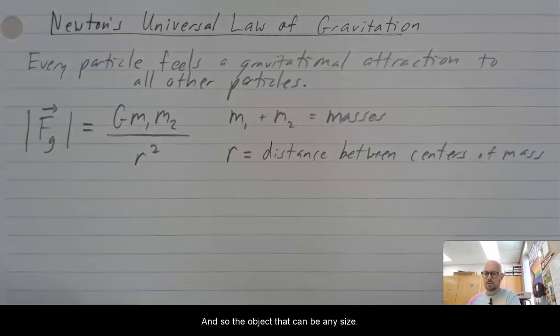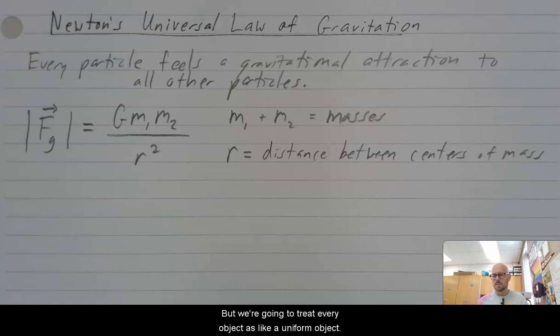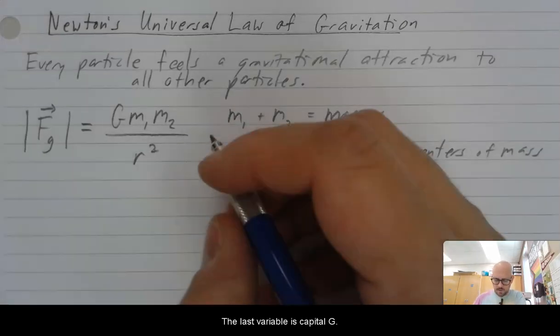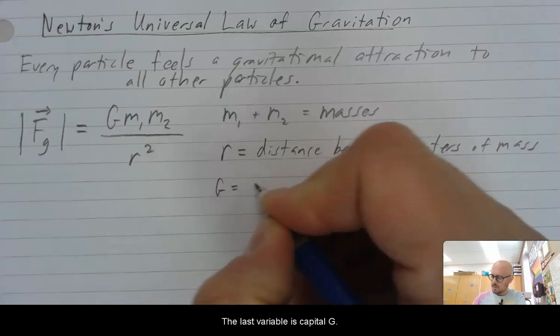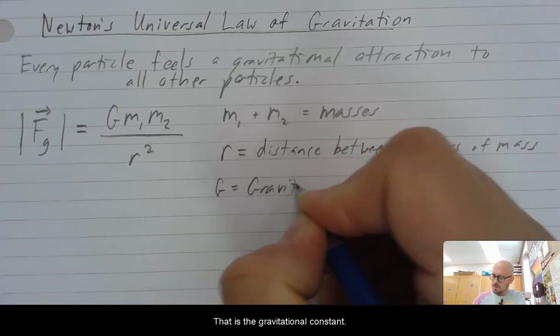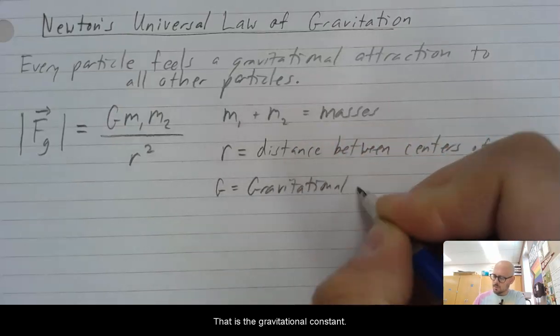And so the object can be any size, but we're going to treat every object as a uniform object, and so the center of it is going to be how we position the object. That's going to be where the object is. The last variable is capital G. That is the gravitational constant.